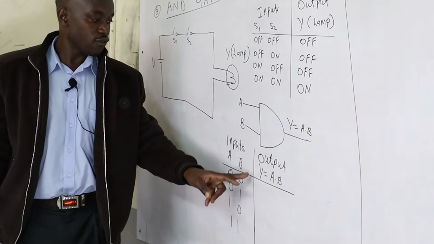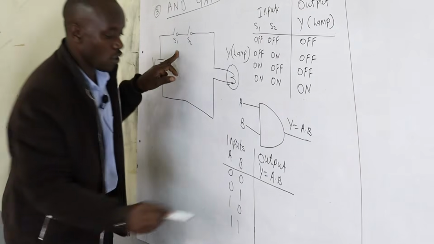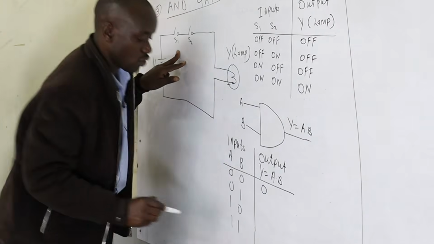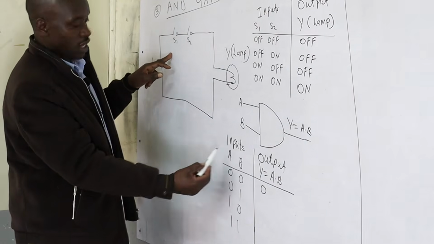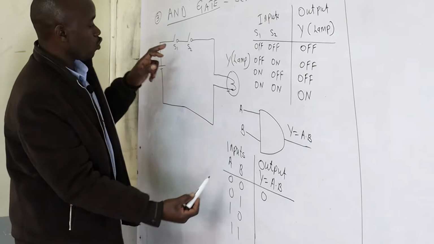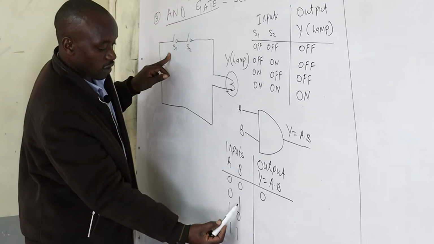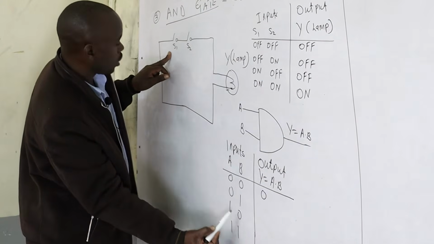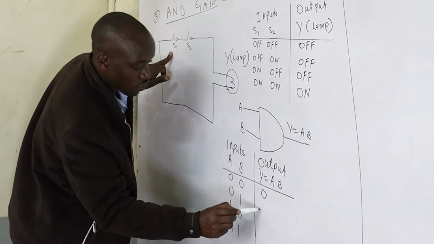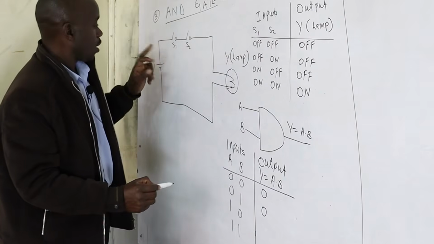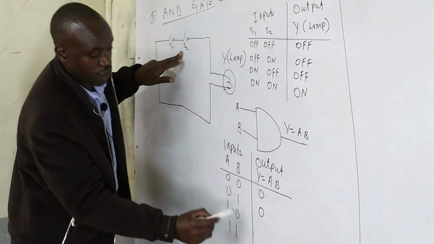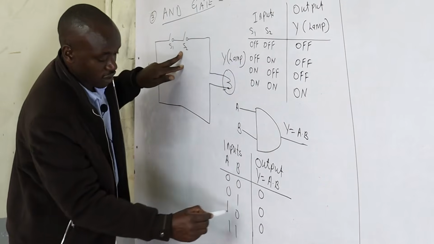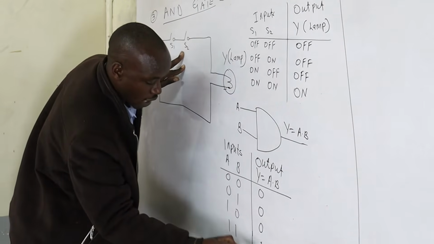Two switches off, as we have seen, it will be off. Off in digital electronics is 0. One switch off, the other on. Remember, A is switch 1, B is switch 2. If switch 2, which is B, is on, but the first one is off, still we shall get 0. Then switch 1 is on, which is A, and switch 2 is off, which is B, so still we get 0. But if both of them are on, we get 1.